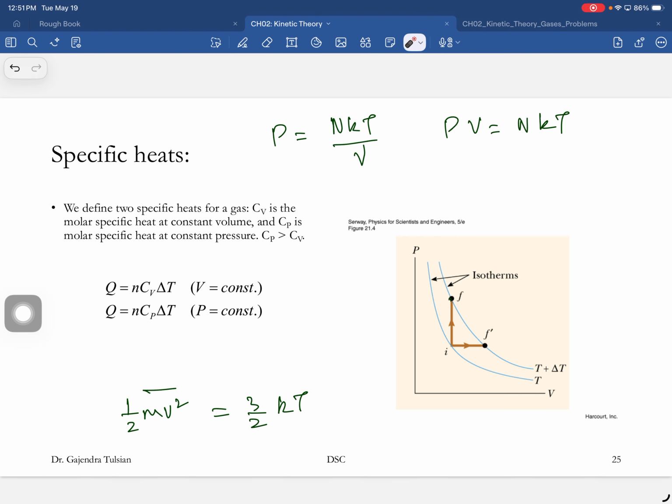A monoatomic gas. What is a monoatomic gas? Single atom. Which one is a monoatomic gas? Hydrogen? Hydrogen is a diatomic gas. All those noble gases, the last column, are monoatomic gases.